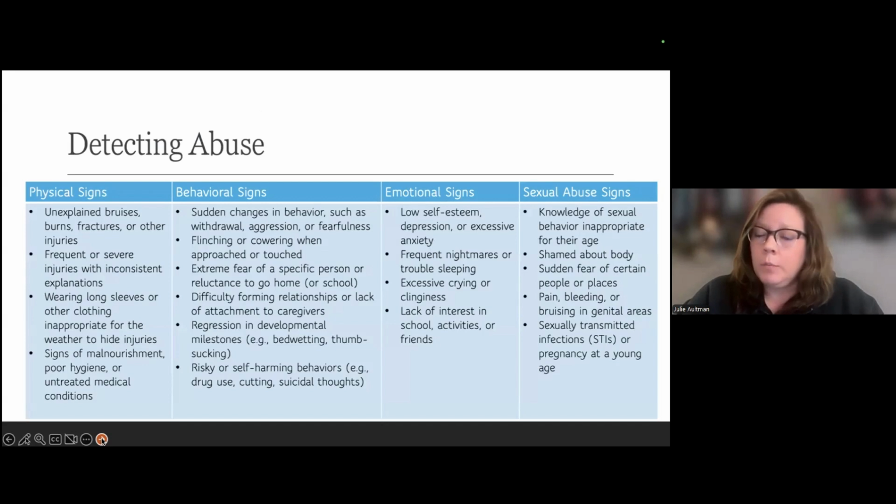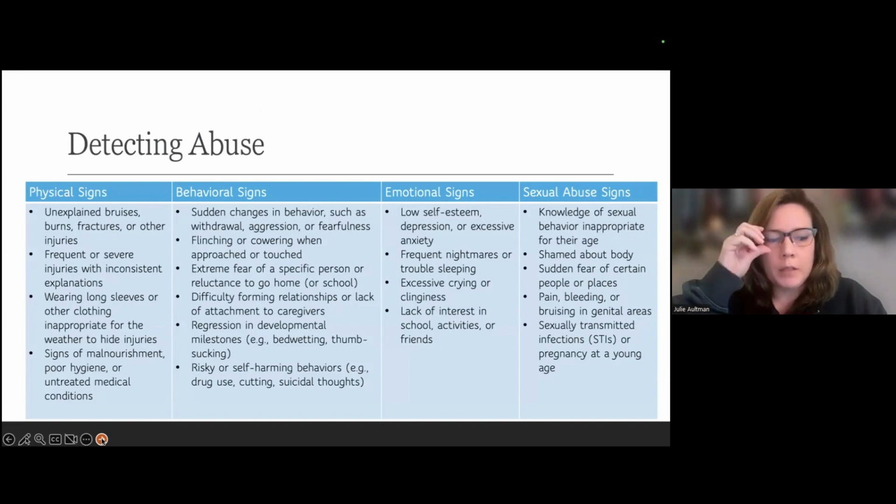So detecting abuse, I'm glad we have a lot of practitioners on this session, because I'm sure in our discussions you'll find that detecting abuse can be a challenge. It is not necessarily a black and white easy diagnosis, here's your differential.